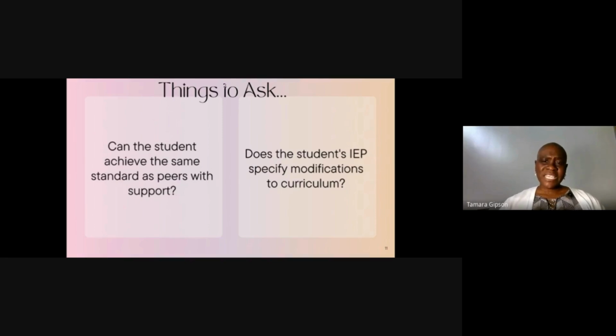But in modification, we are changing what's measured. And they will receive different grading standards than what they actually need and what's their least restrictive environment and what they need in order to be successful.